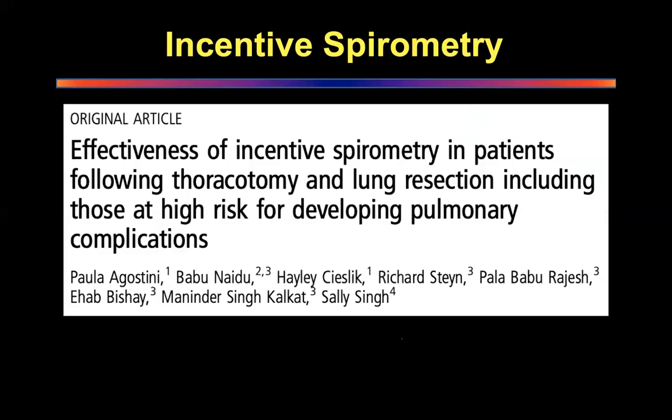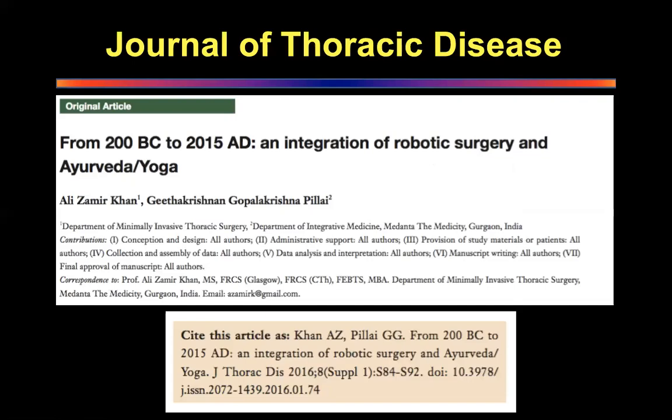To be honest, in the UK, they don't use incentive spirometry as a routine unless there are specific indications where you want to encourage the patient. Routine use of post-operative incentive spirometry is almost given up in the UK, but still continues in India and in other parts of the world. So we still don't know what the answer to that is. Rajesh Pala and Maninder Kalkata are among the authors. It's a very well done study, and in the UK, they don't really use incentive spirometry.